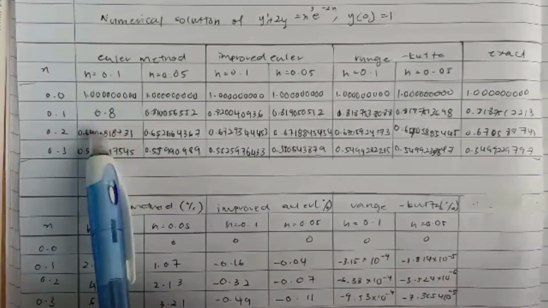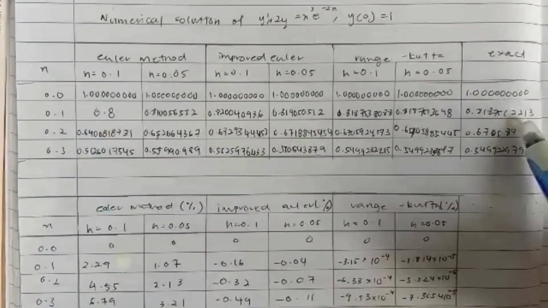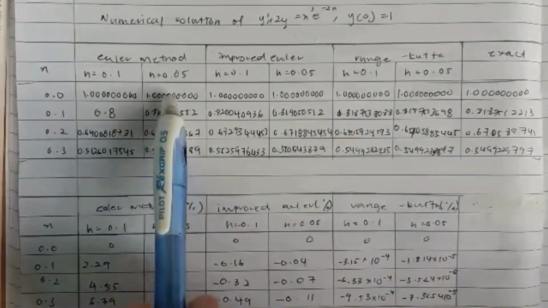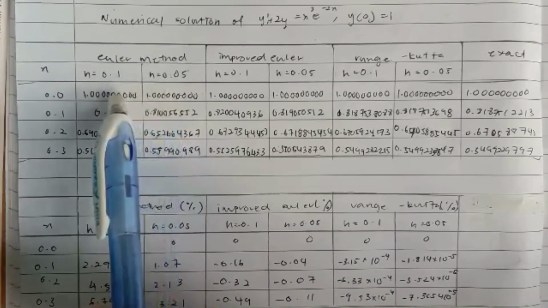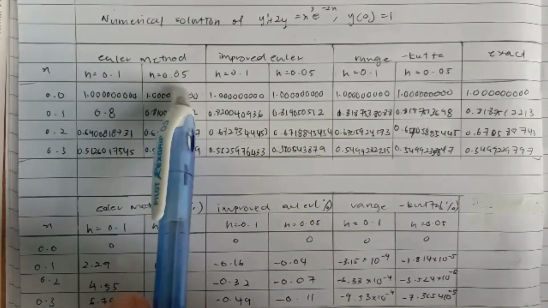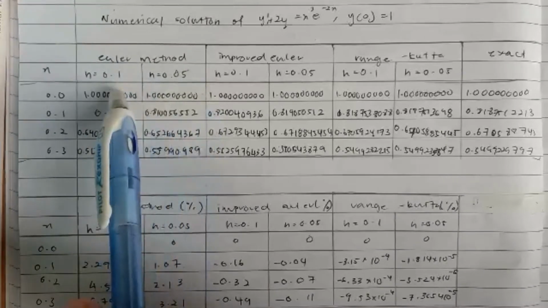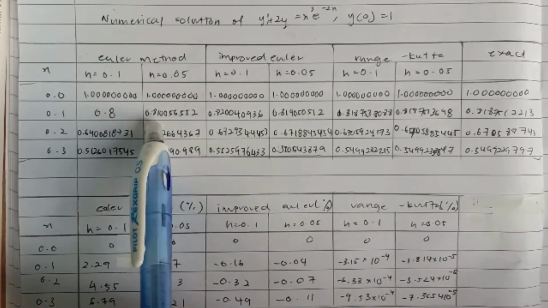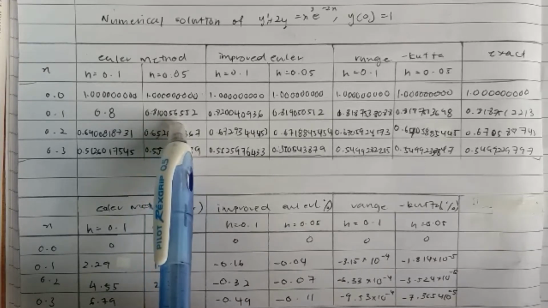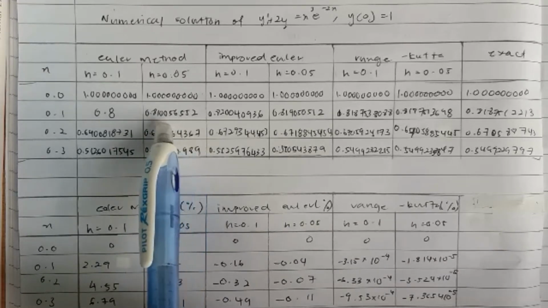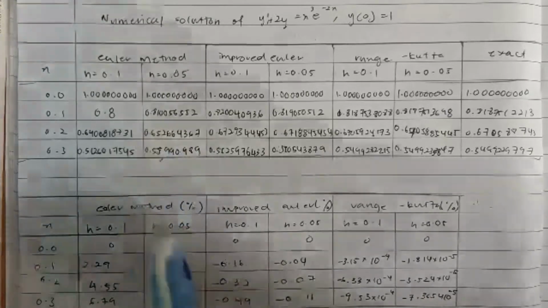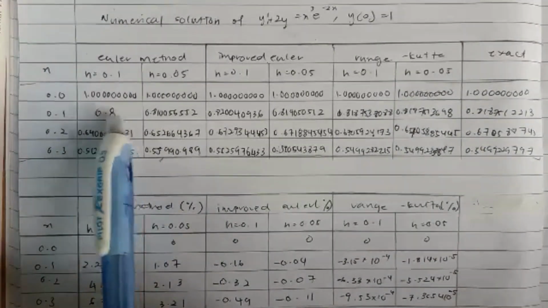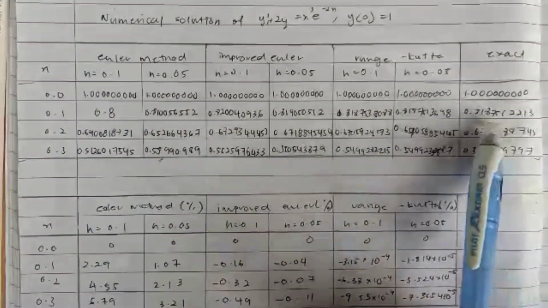So this one is not so accurate compared to the exact value, but as h becomes smaller, we use 0.05, which is half of 0.1. We get 0.8100565552, which is actually a little more accurate than 0.8 compared to the exact value.